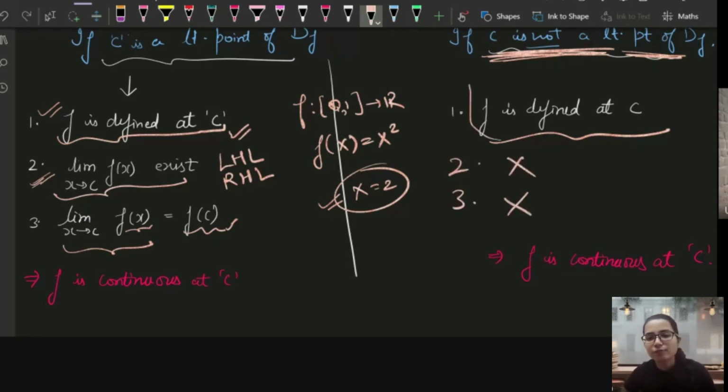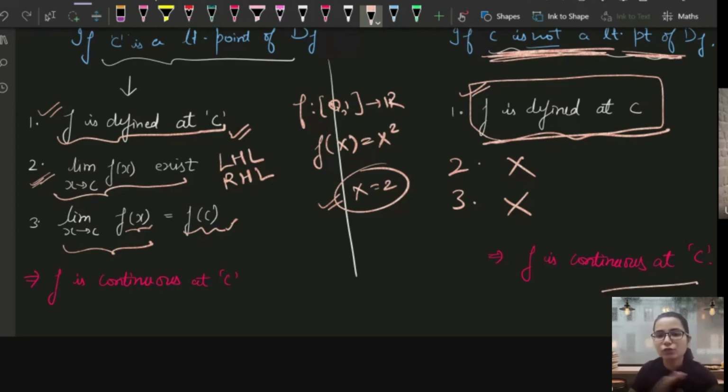If C is not a limit point of the domain of F, then we just check if the function is defined at C. If it is defined, we'll say that F is continuous at C. So two different criteria: C is a limit point or not a limit point. If C is a limit point, you have to check 3 conditions. If C is not a limit point, you just have to check whether F is defined at that point or not.